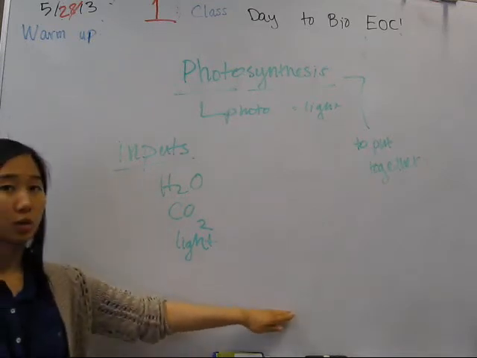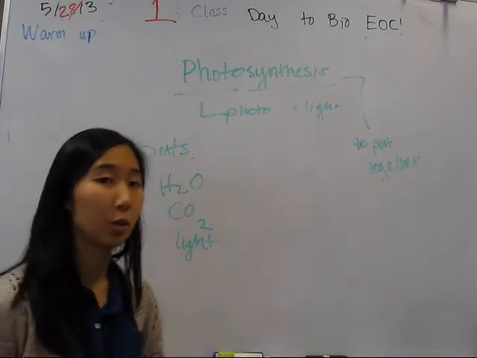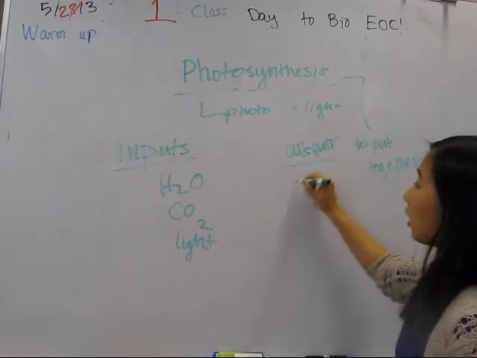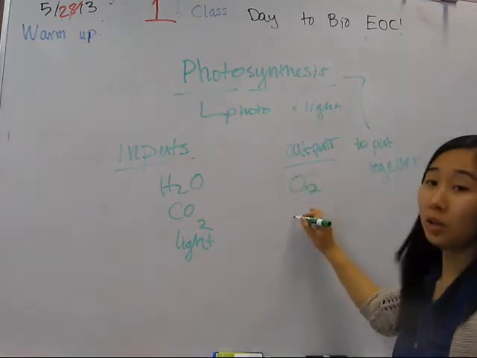The outputs, or what your plant makes as a result of photosynthesis, are oxygen and glucose.